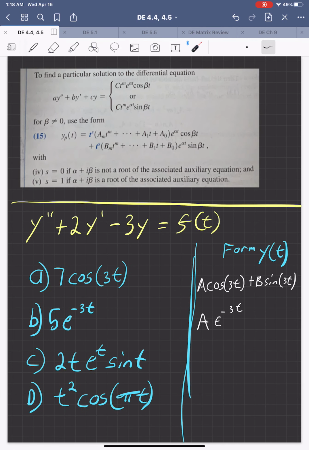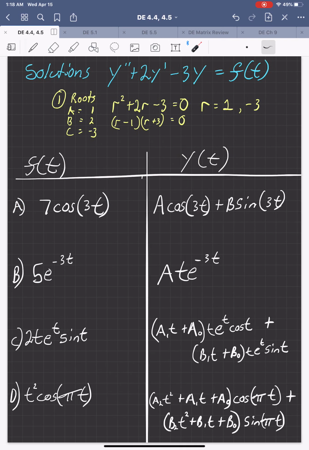The original question looked like this, where you were given the following second order differential equation, and here were some various f of t's. What I'm doing now is producing the answers for you. If you are not following how I got these answers, then check in with me during office hours. Let me see if I can help explain it.